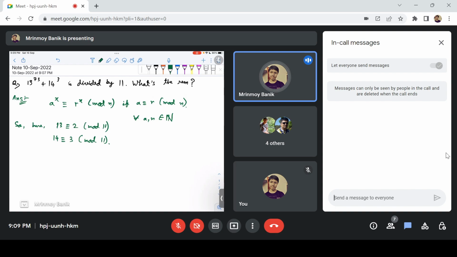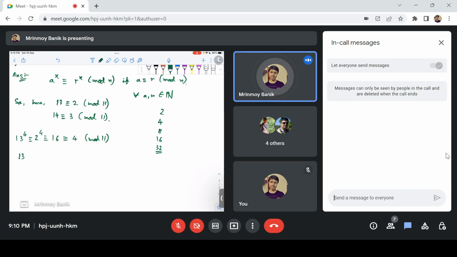So let's see what 2 power 4 is. 2 power 4 is 16, so these are all under congruence. So that's 5 mod 11. Let's write down powers of 2: 2, 4, 8, 16, 32.